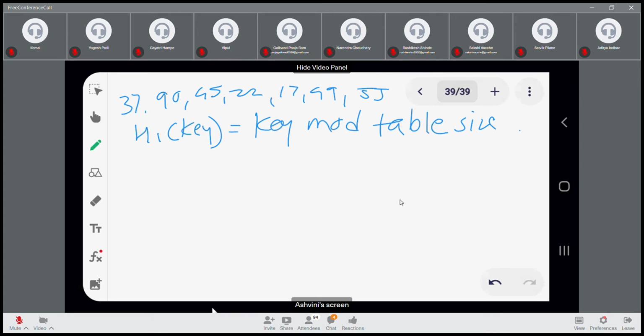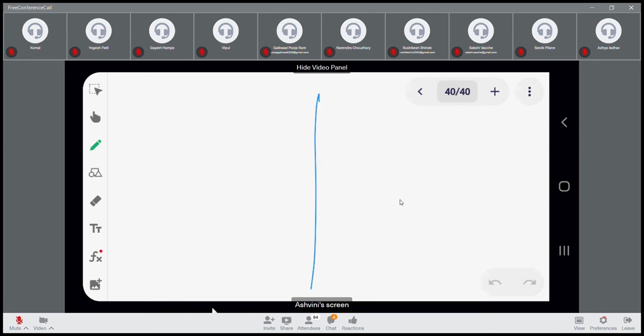Okay, so I will write the table here: 0, 1, 2, up to 9.